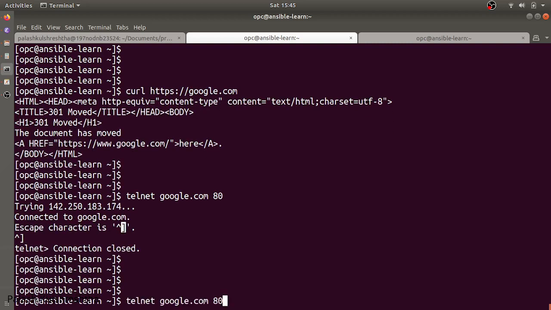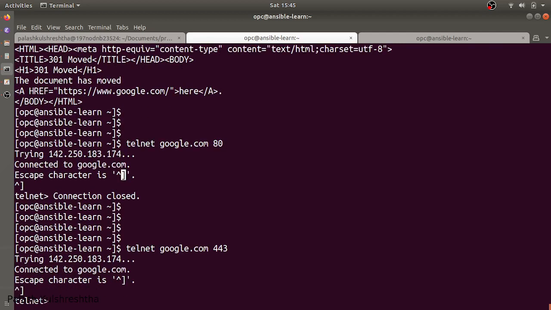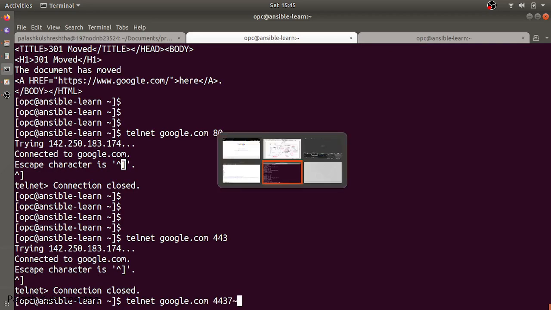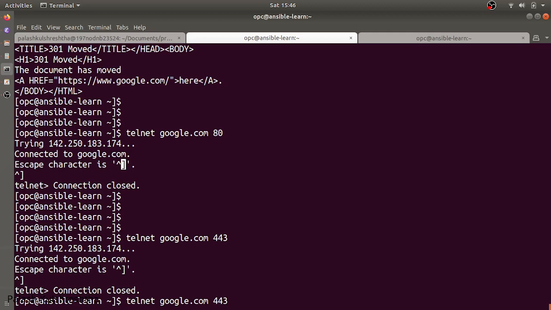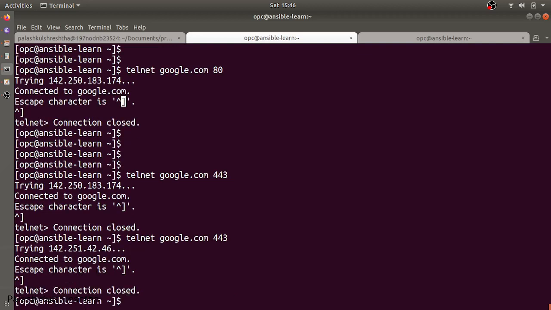And now let's see connectivity on port 443. Similarly, you're going to exit. So to check connectivity between two servers from an IP to an IP port, we give the IP or its host name and the port. In this case also, we are able to connect. Control square bracket and then Control D is going to exit.